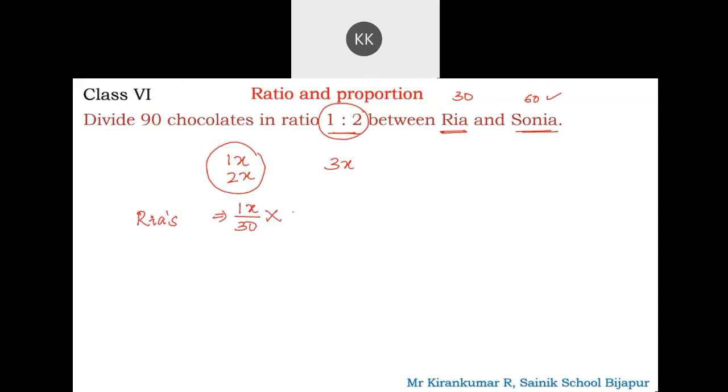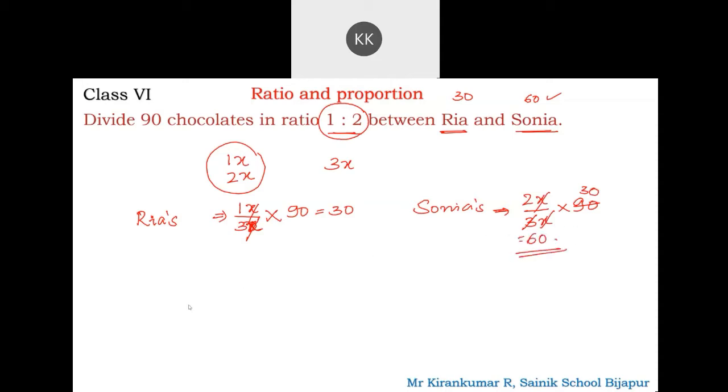The x and x will get cancelled. We get it as 30. And for Sonia's share, it is 2x by 3x into 90. This x and x will get cancelled, and we get it as 60.